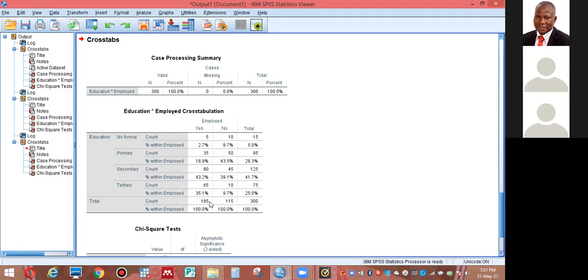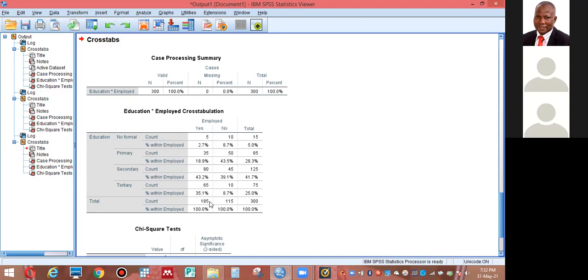What this one is saying is that among all the 185 people who are employed, 43.2% of them are secondary, 35% are tertiary, and 80.9% were primary, 2% were no education. Among the total that are employed, we have more of secondary education.